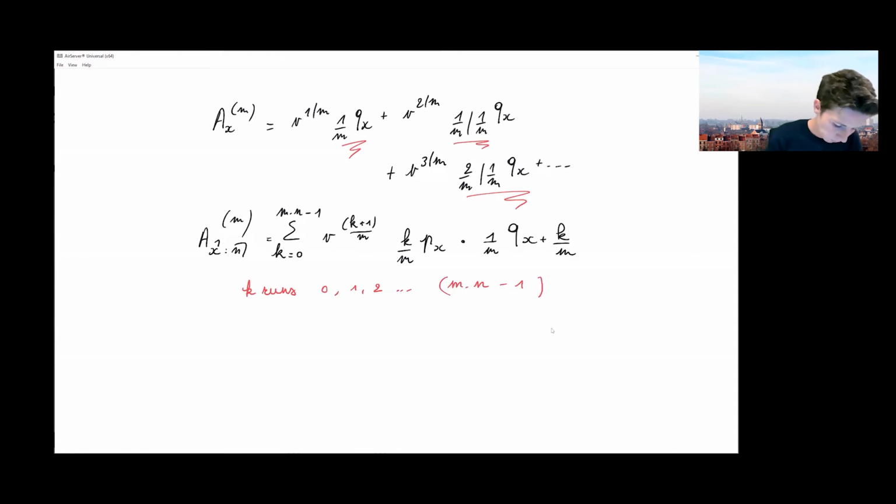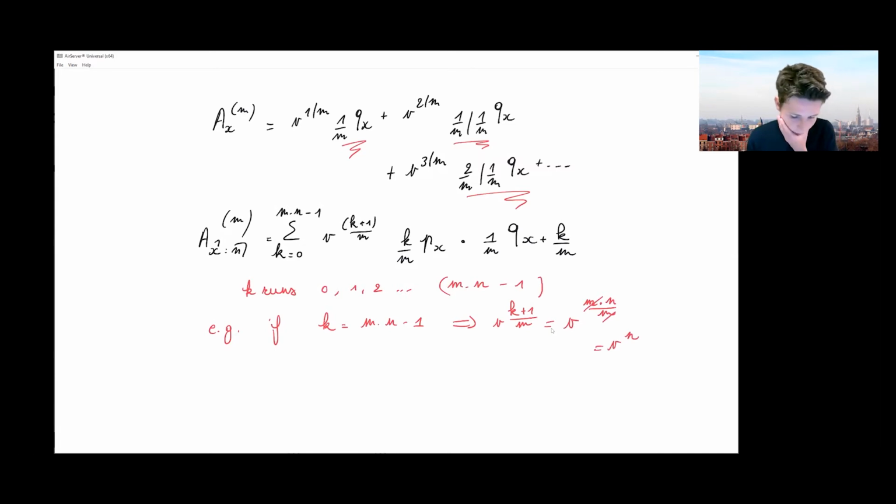So for example, if k is equal to m times n minus 1, then if I look at v to the power k plus 1 divided by m, that is equal to v to the power m times n divided by m, so that is v to the power n, okay?